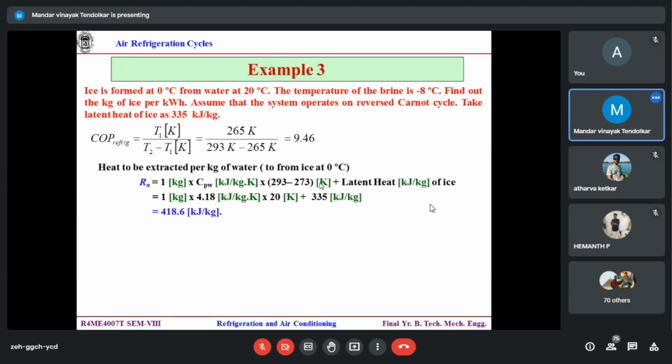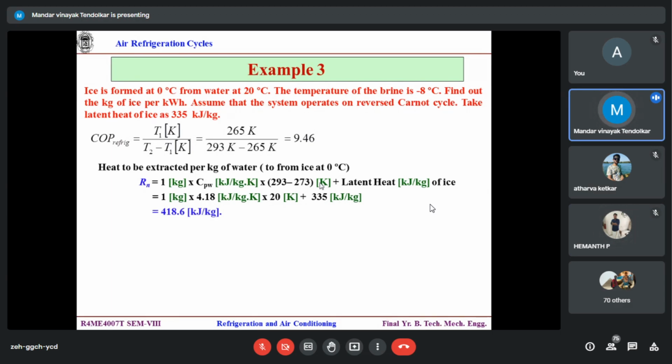Ice is not going to further go from 0 degree ice to minus 8 degree ice. You just want to generate the ice at 0 degrees Celsius. Fine. And sir, we are assuming a constant supply of 20 degrees Celsius water, right? Yes, we have assumed COP to be constant, nothing specifically given over there. We can assume. Okay, sir.